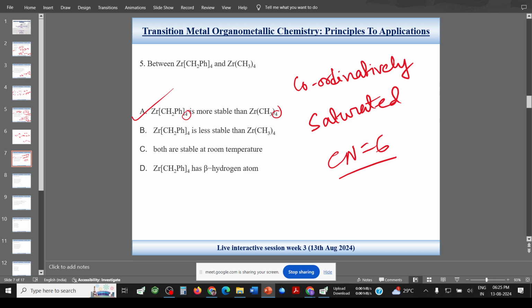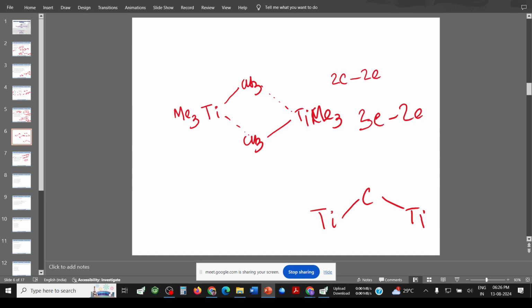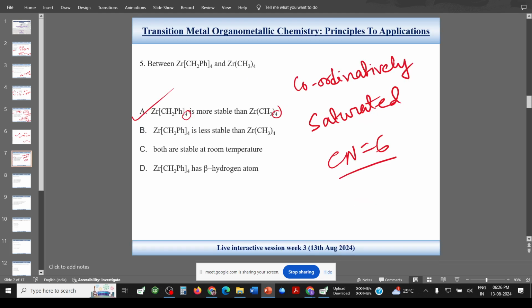But if you have some very big ligand like benzyl, or, as we saw previously, neopentyl, that big ligand around the metal center covers more space than a small ligand like methyl.